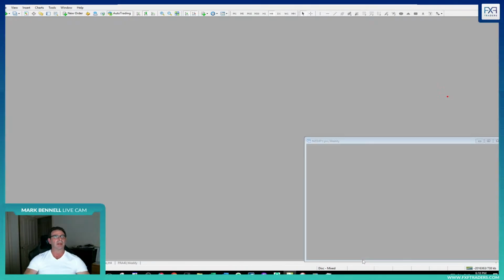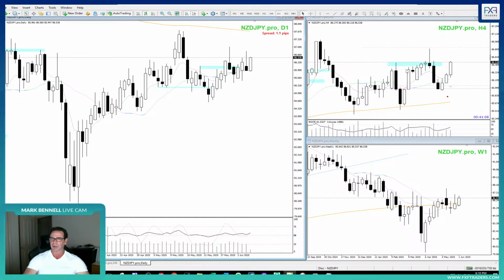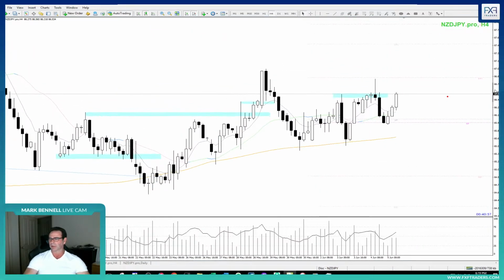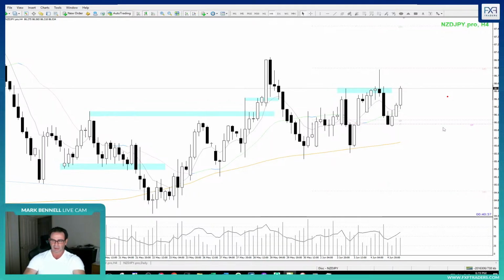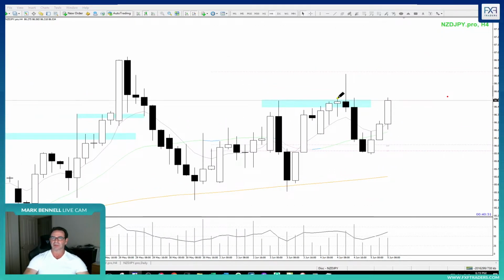The other one we were looking at yesterday as well, which was New Zealand yen, gave the IO as well as the 1, 2, 3. So that was the one we were looking for, and that was a bit of a nasty little one. Everything looked good here, but then the news came out on the US, and just shoved everything backwards. So there's the setup there, coming out of a shakeout.